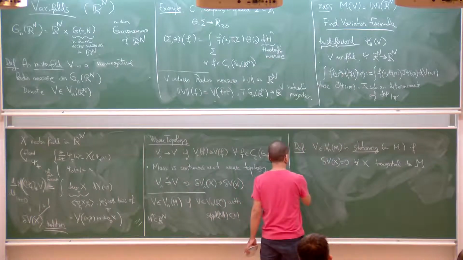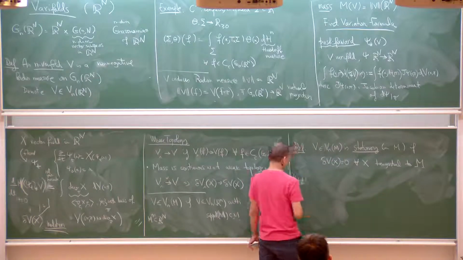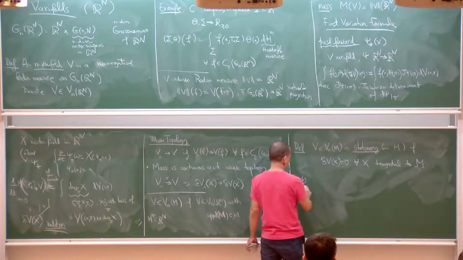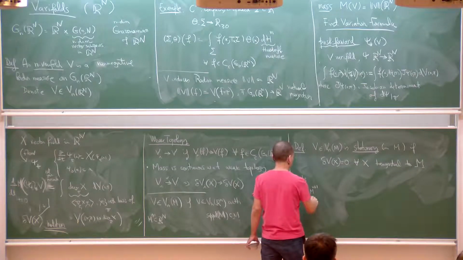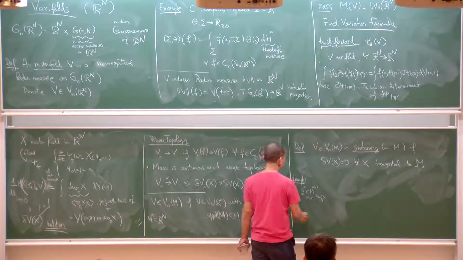Of course, some examples. A minimal surface satisfies that. So if sigma contained in M is a minimal hypersurface, then this is a stationary varifold.